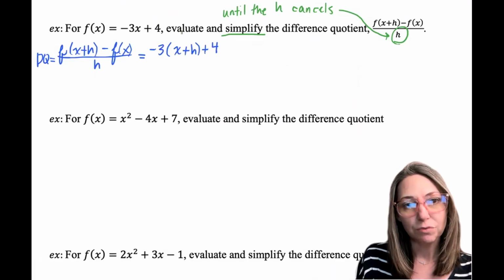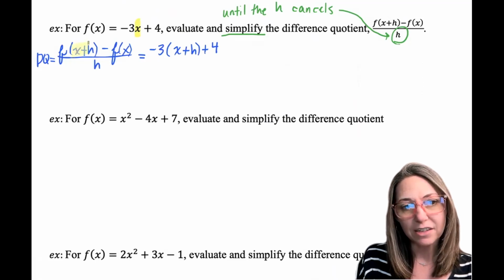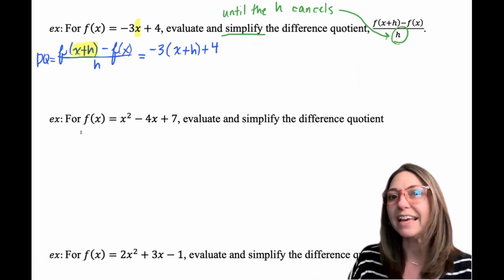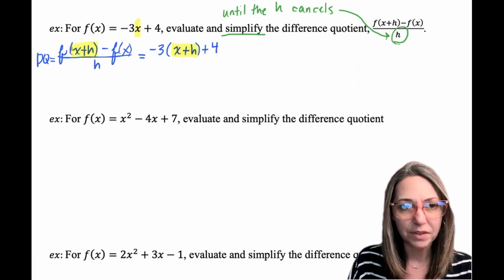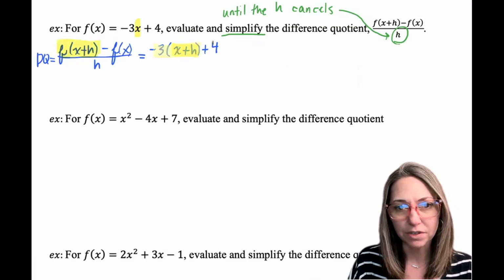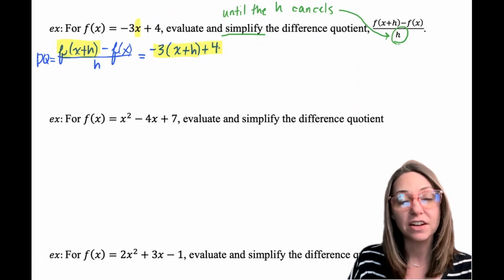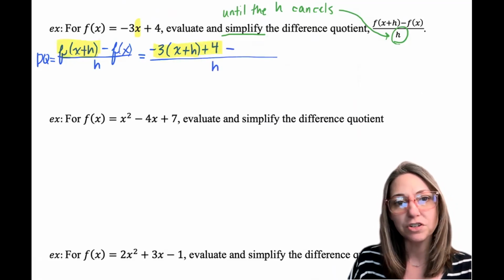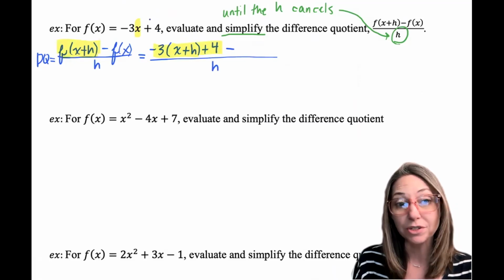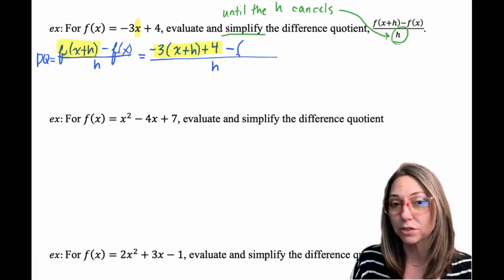All I'm doing there is replacing this x by that x plus h, okay? We're plugging in x plus h right here. All right, so that whole piece there is f of x plus h. I'm going to just highlight that as f of x plus h, okay? Then it's followed by minus the function f of x. Well, the function f of x is exactly what we started with. So let's put parentheses because we are subtracting.